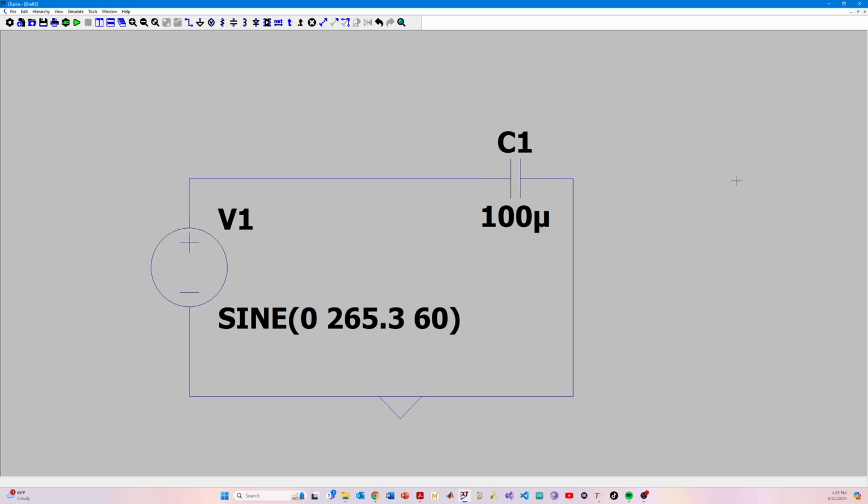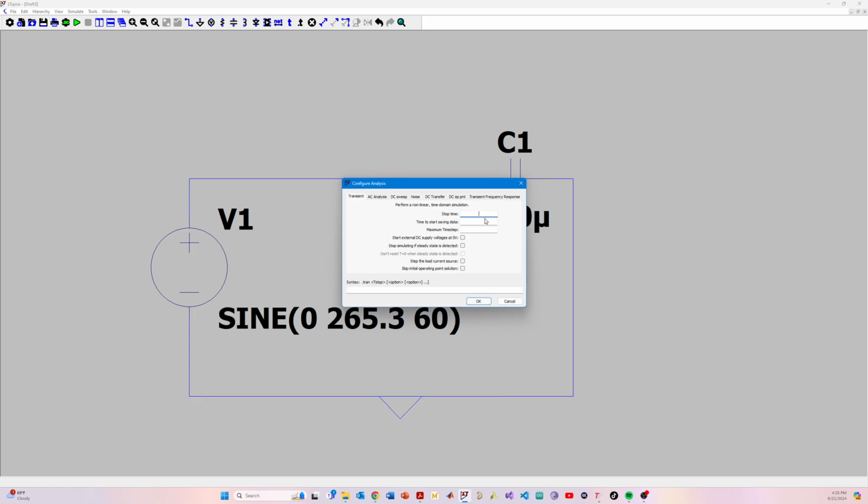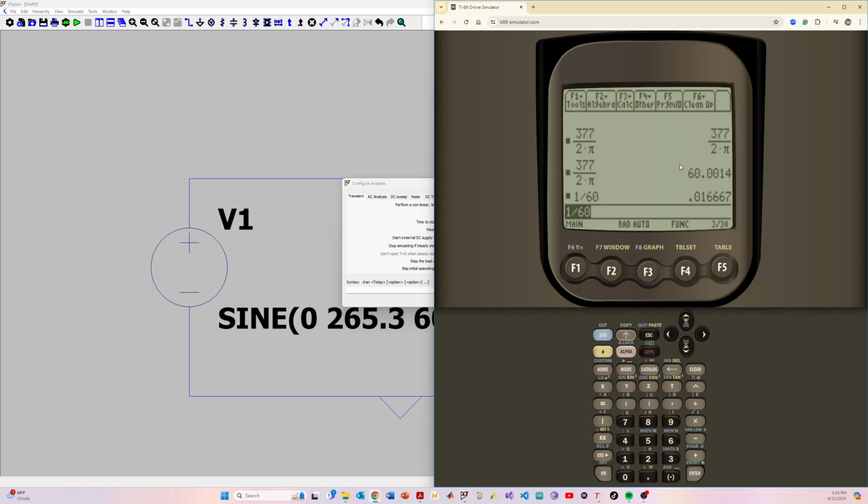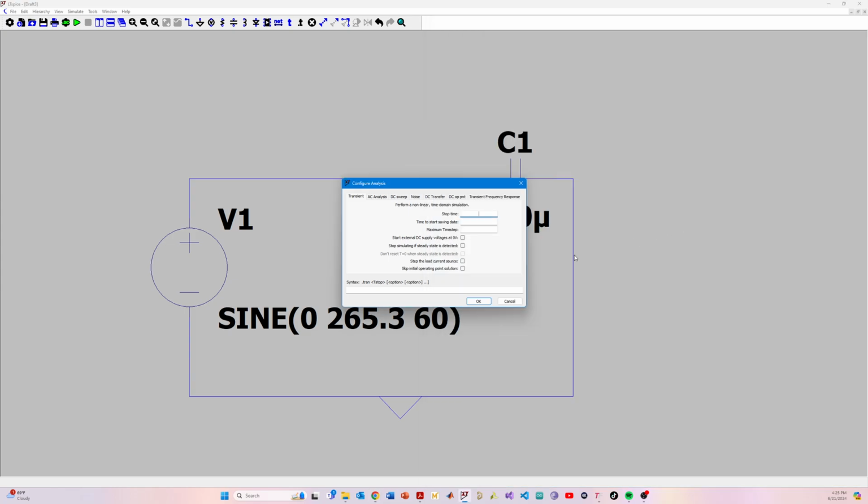So now for the analysis, we're going to use a transient analysis. Our stop time will be one period. Period is 1 over frequency, which is 0.0166667, so that's 16.67 milliseconds.